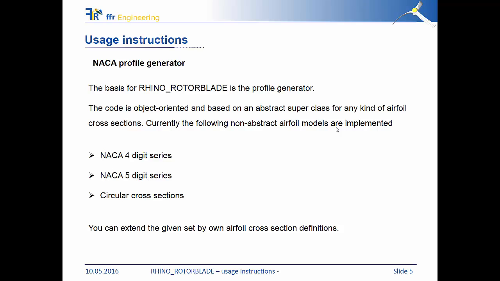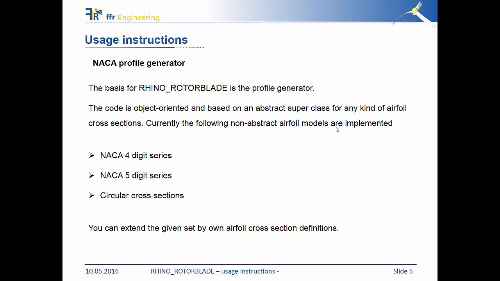It's not necessary that those are NACA profiles. If you look at the code, you can also find some other things like circular cross sections. You can extend it by your own ideas, but of course the main purpose of this extension was to have NACA profiles, and at the moment there are 4-digit series and 5-digit series provided for you. These are terms from the NACA world for different series, how to generate the airfoil cross sections.